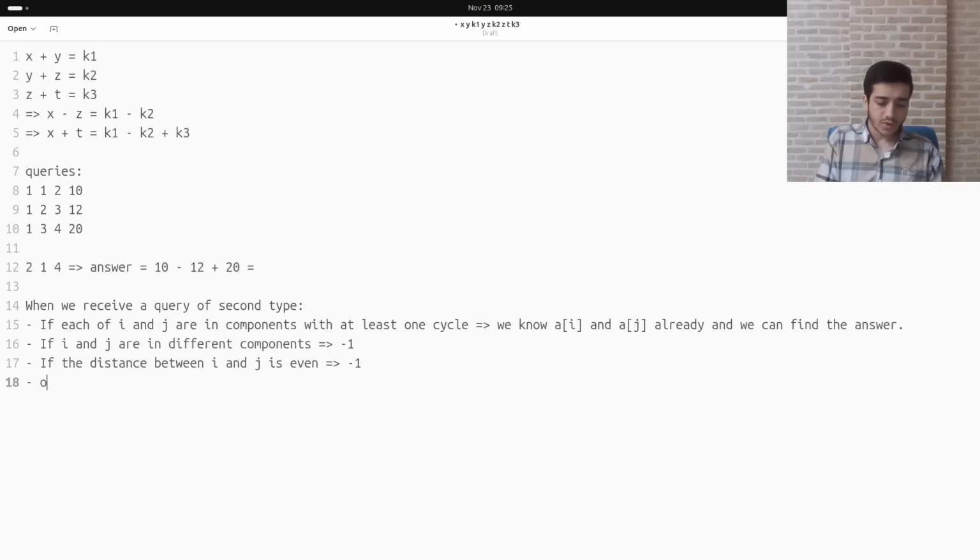Otherwise, consider the path to be like i, W1, V1, then W2, V2, then W3, and so on, and finally j.